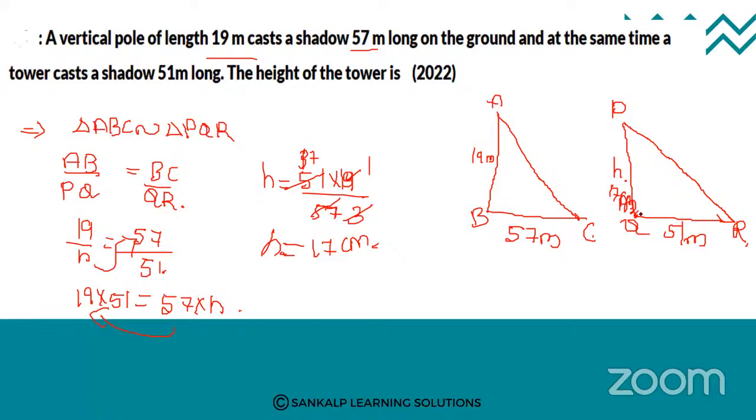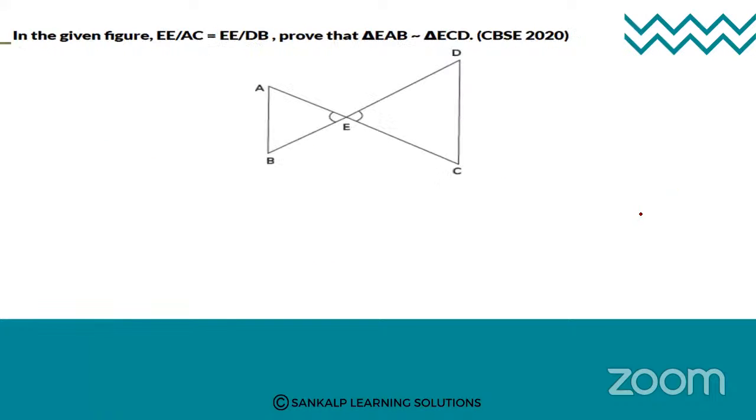Understood? Next. In the given figure, this question was asked in 2020. In the given figure, EB is parallel to AC, EB is parallel to DB. Prove that triangle EAB is similar to triangle ECD.